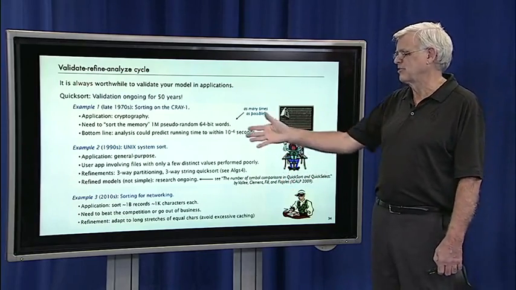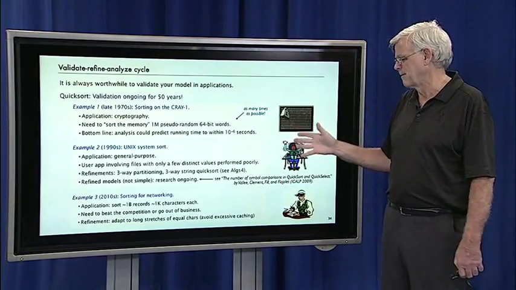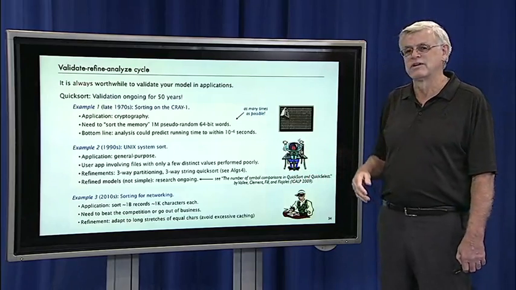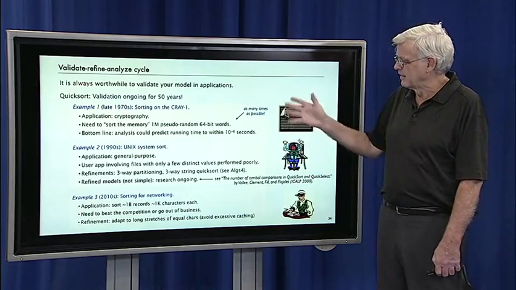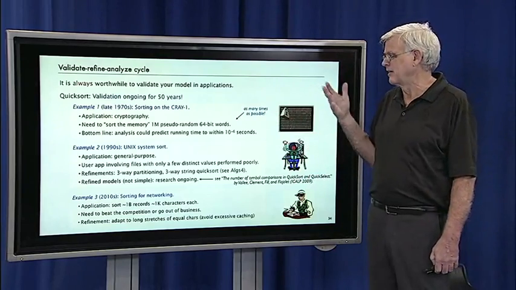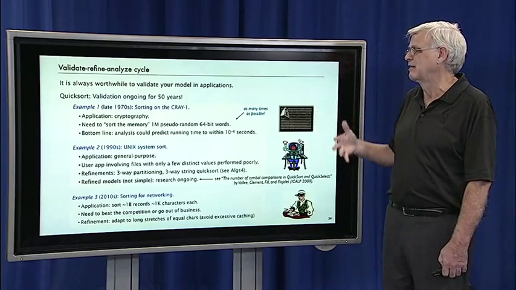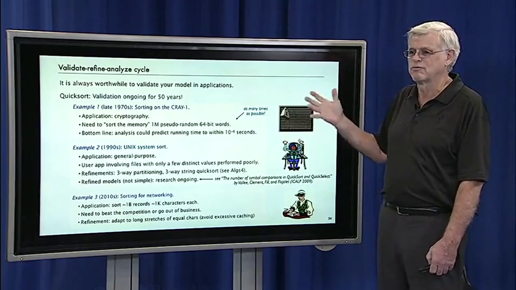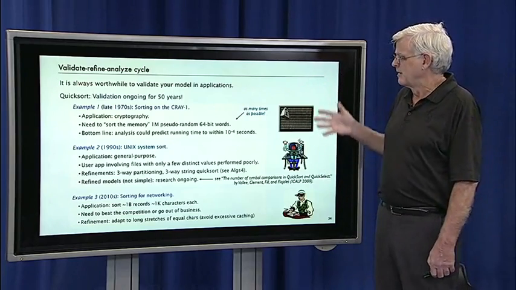And he found a refinement to our 3-way partitioning methods for strings that was able to improve it even further. And so, again, over 40, 50 years, the analysis of algorithms really helps us to best understand the performance of this important problem.